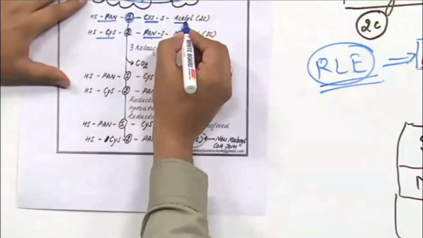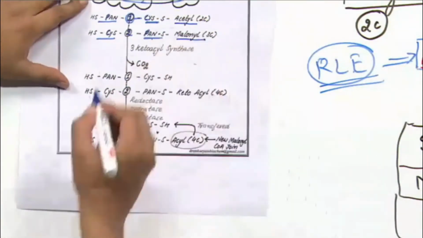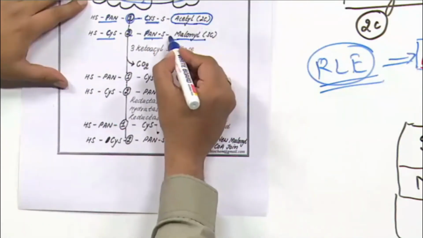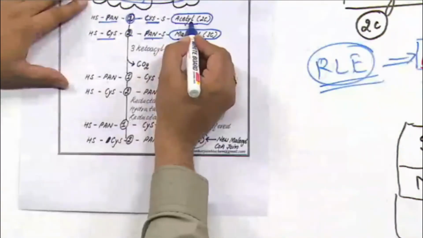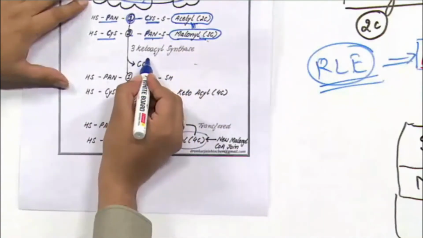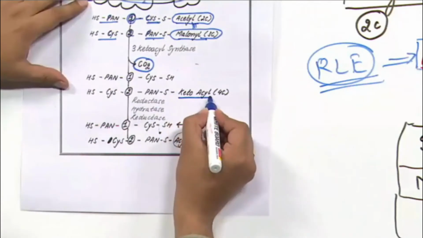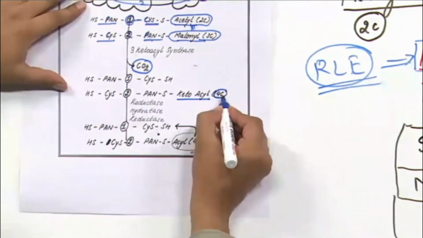This acetyl comes to malonyl: 2 carbon plus 3 carbon, condensation reaction occurs, CO2 is removed and a ketoacyl compound is formed having 4 carbon.